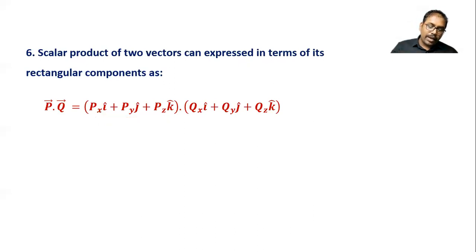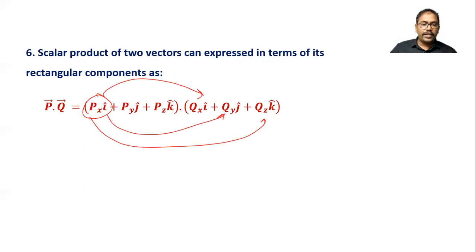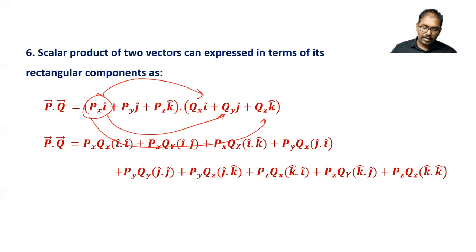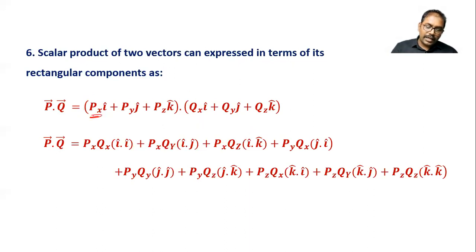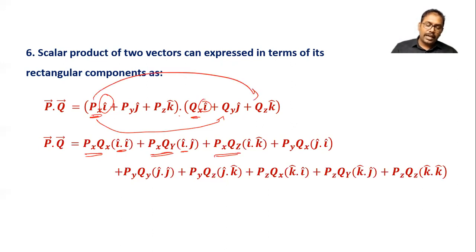Multiply px i cap into every term of this bracket. We get px qx, i cap dot i cap; then px qy, i cap dot j cap; then px qz, i cap dot k cap.